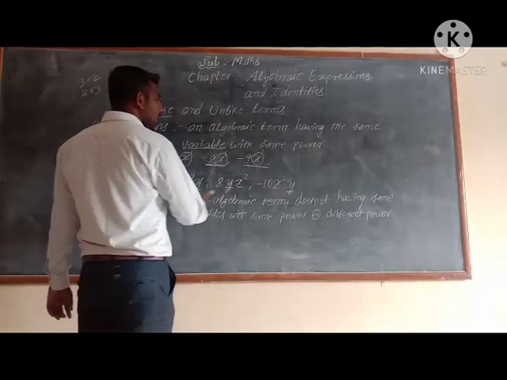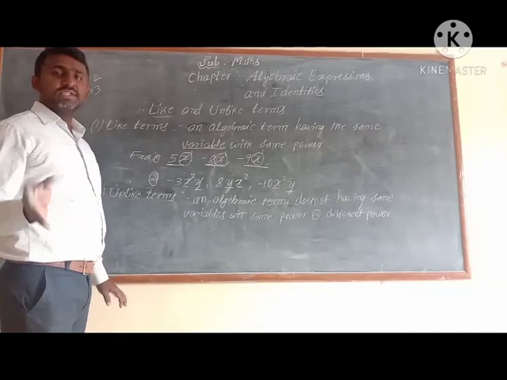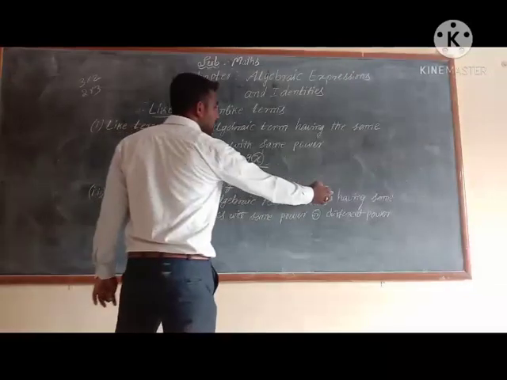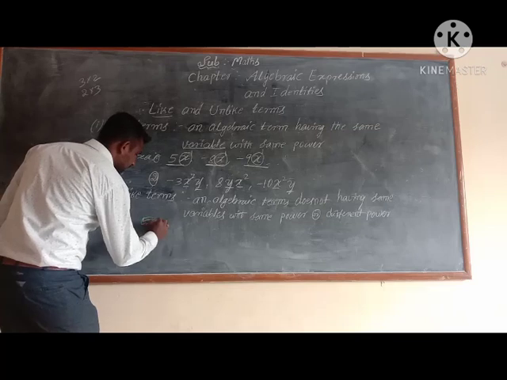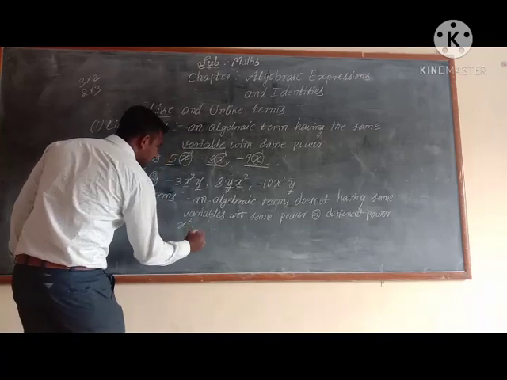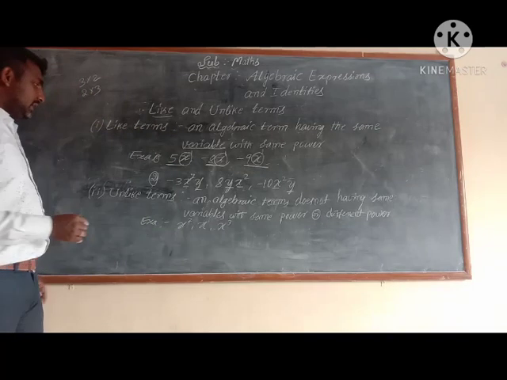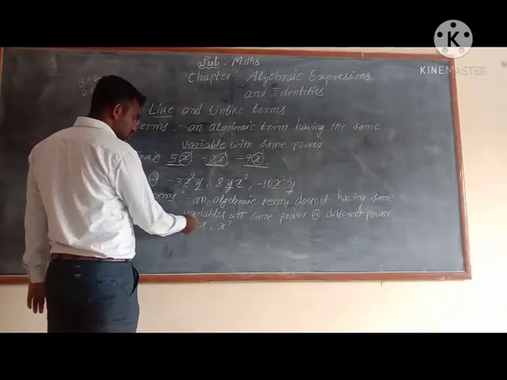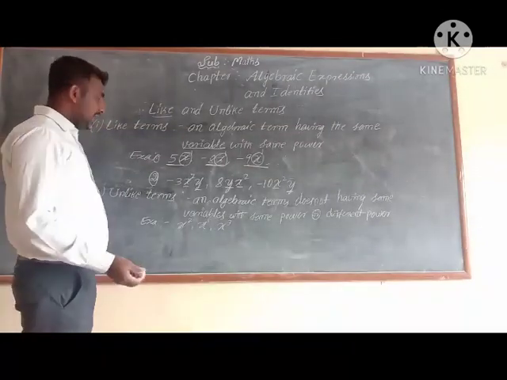Sometimes two terms have the same variable but their powers change; sometimes the power is the same but the variables are not. Example: x, x square, x cubed. All three terms have the same variable, but their powers are 1, 2, 3, so these are unlike terms.